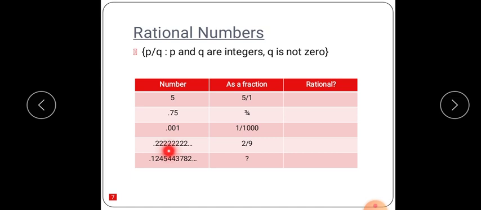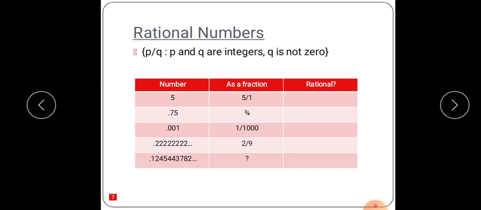0.222, as you can see, this number 2 is repeating. It has no end, so this is a non-terminating decimal. Now the last one you see, it is neither ending nor are any of the digits repeating.